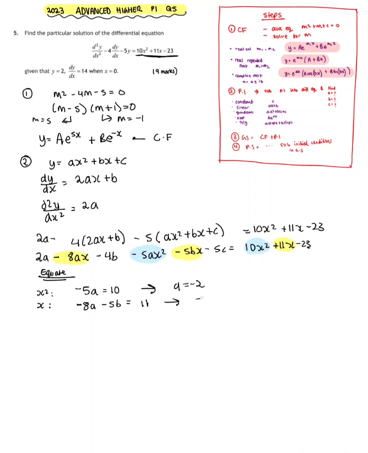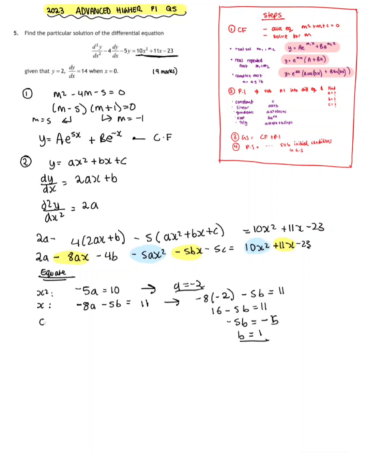Substituting our a value here, we'll get minus 8 times minus 2 minus 5b equals 11, which will give us 16 minus 5b equals 11. So minus 5b will be minus 5, so b equals 1.